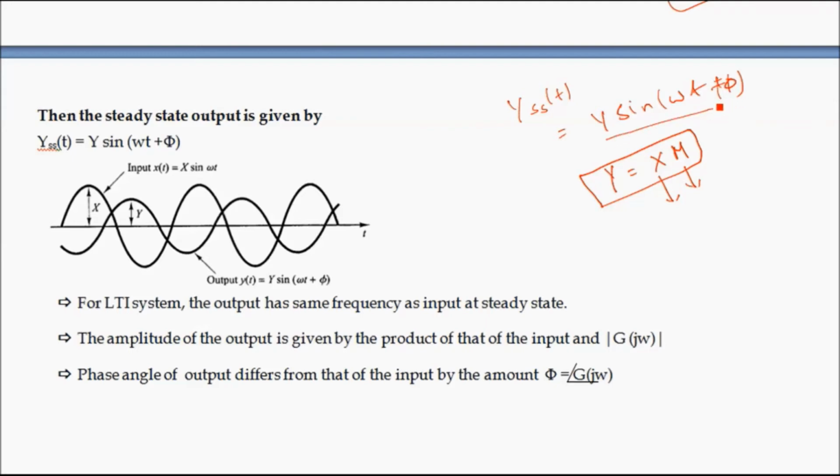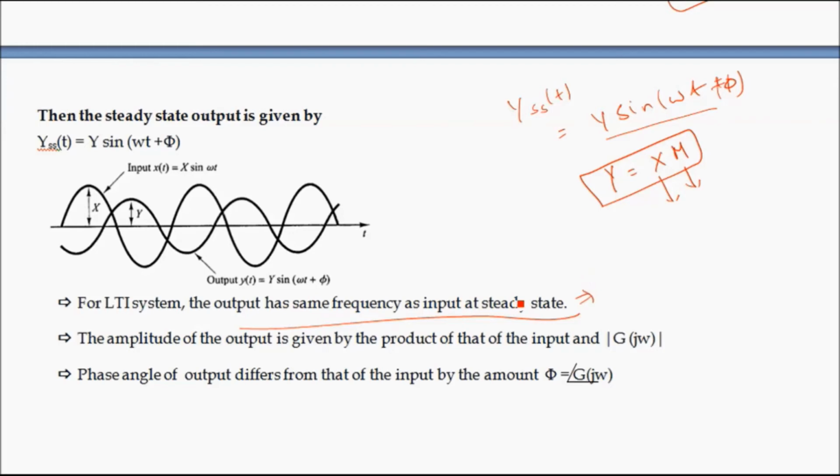Whether phi is positive or negative, the output will be shifted from the input. So for an LTI system, the output has the same frequency as the input at steady state. It's also an important point: the input frequency was omega and the output frequency is omega.